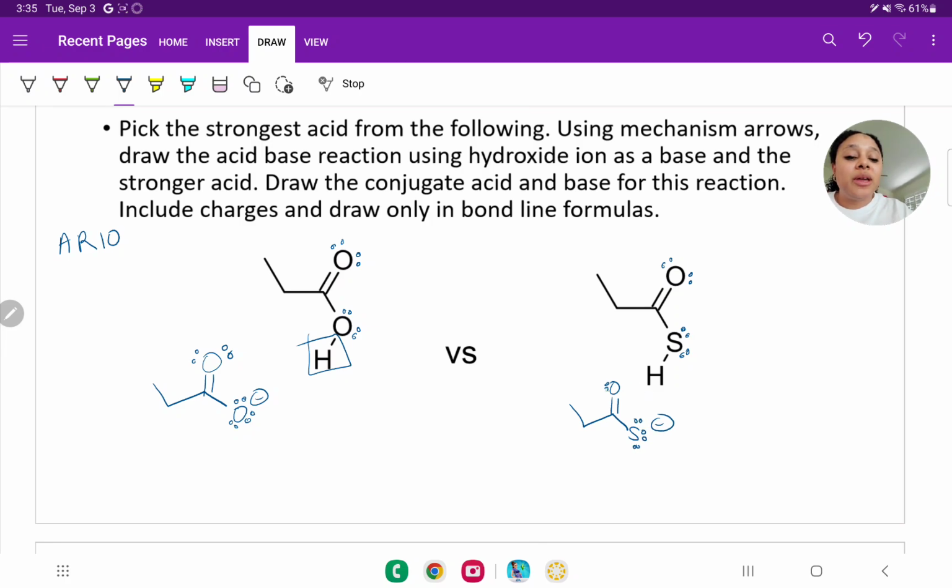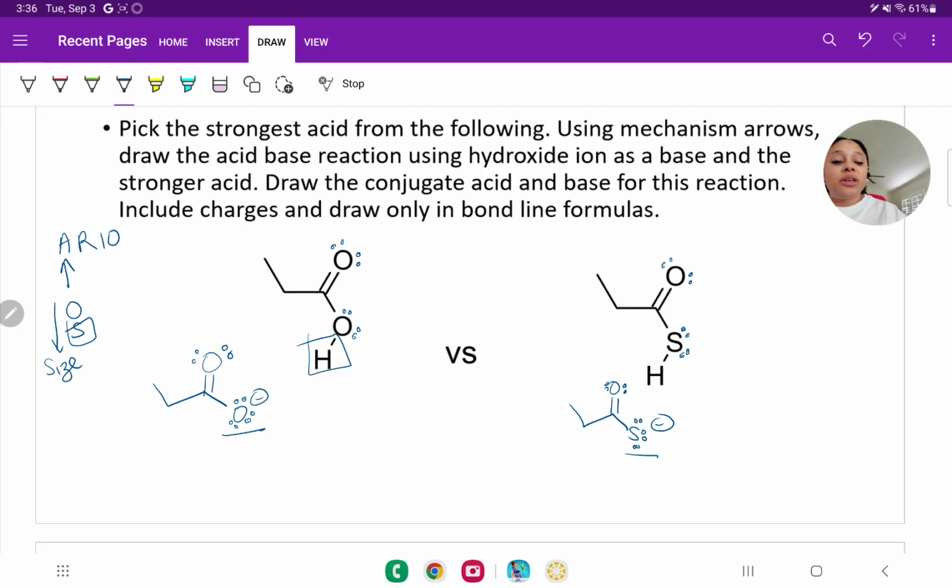So when I compare my conjugate base, I'm comparing the negative charge on oxygen versus sulfur, two different atoms. When I'm going down the periodic table, I'm comparing oxygen versus sulfur. Oxygen is smaller than sulfur. I'm comparing size.